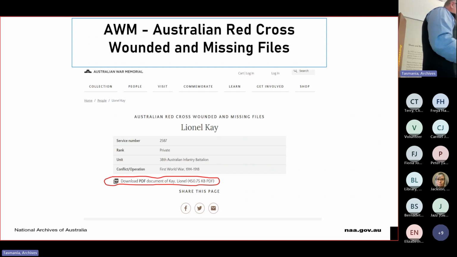What they did was interview people that were in the same unit at the time, and get witness statements confirming that the soldier was killed. I'll just read you maybe one or two witness statements.